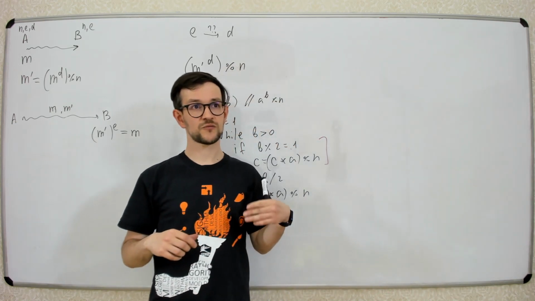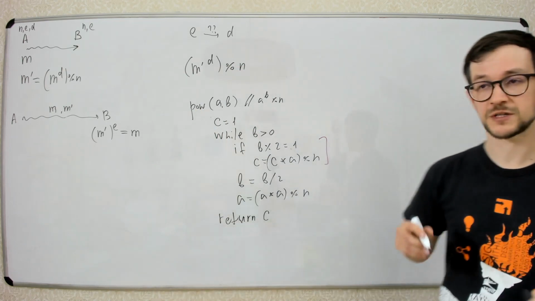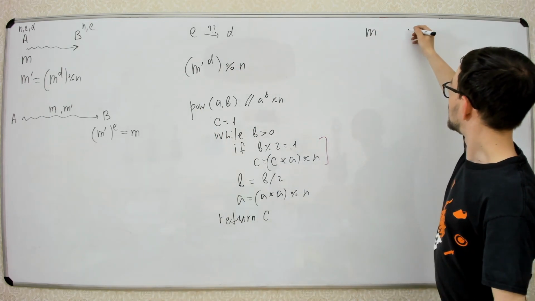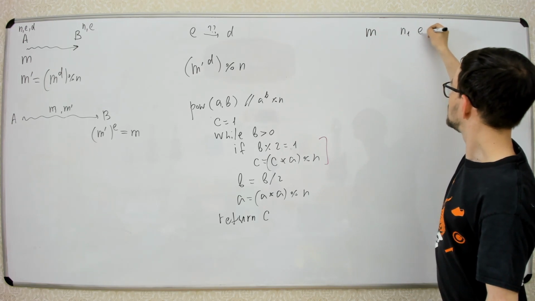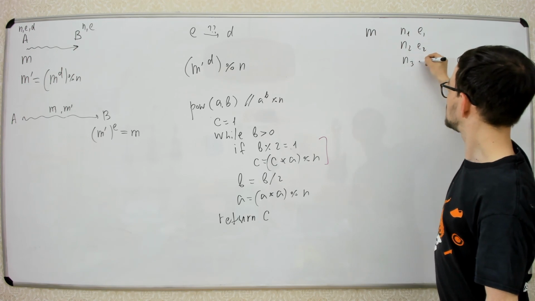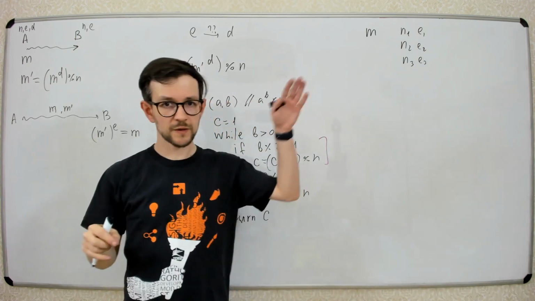You have different friends and you want to send them the same message. You have 3 friends: one has n1 and e1, another n2 and e2, and another n3 and e3. You want to send them all the same message.